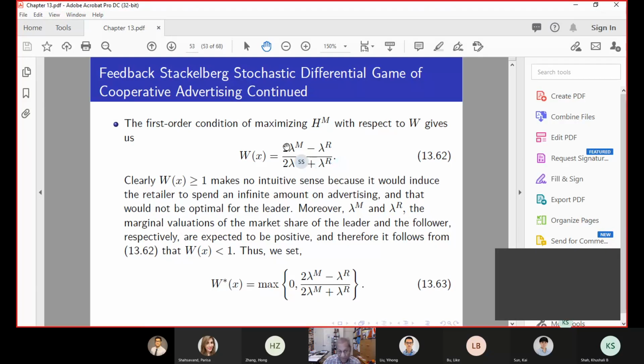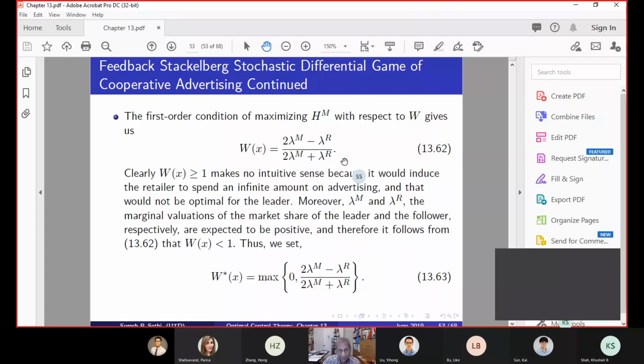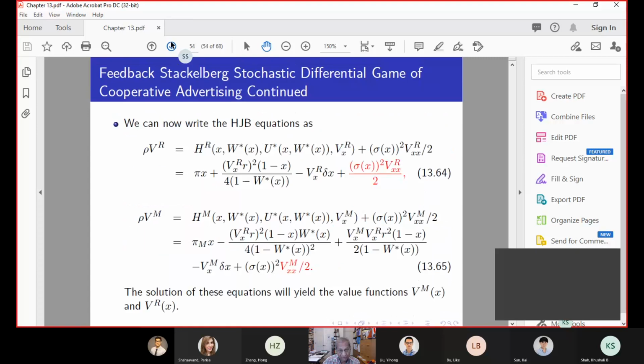So I substitute V m sub x and V r sub x, and when I do that, I get partial differential equations. Well, because there's no t, basically these are second order differential equations, but they are coupled: 2 value functions coupled this way.